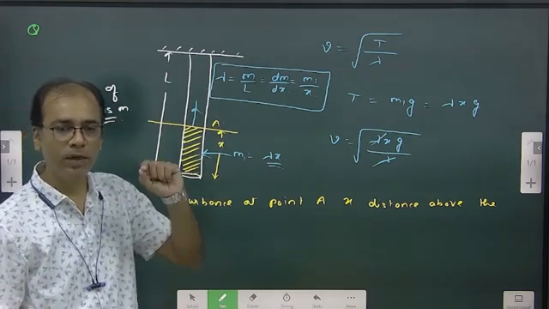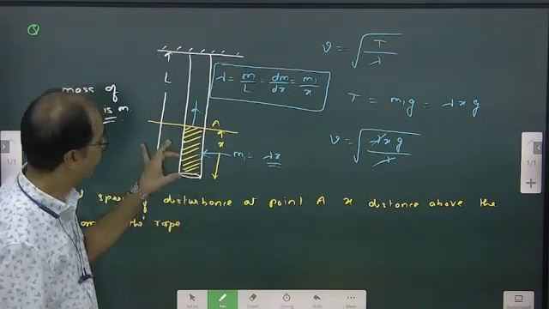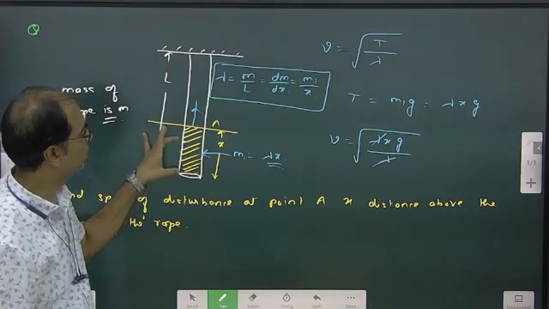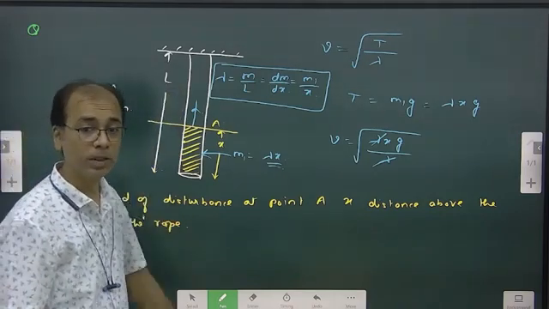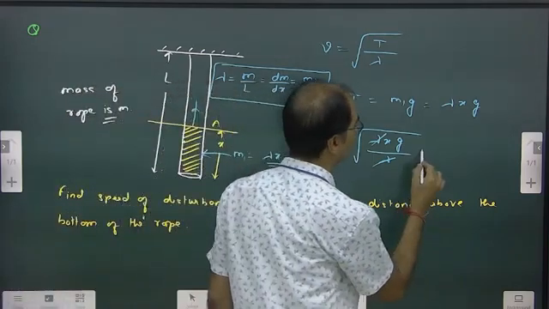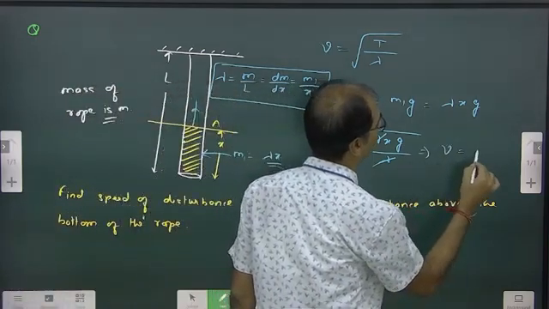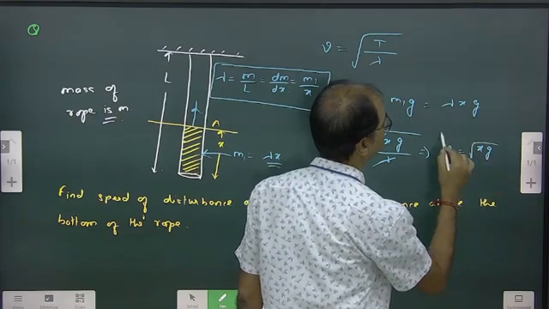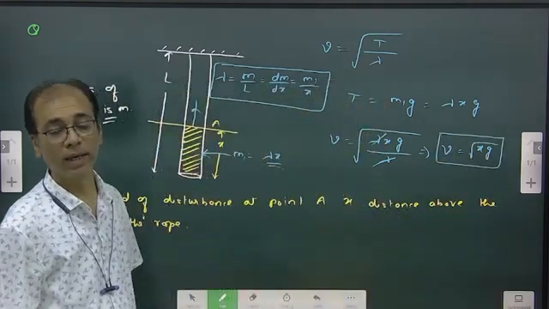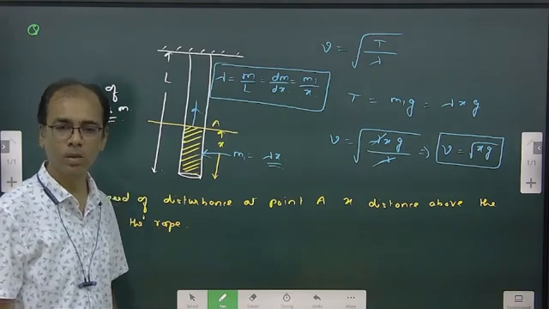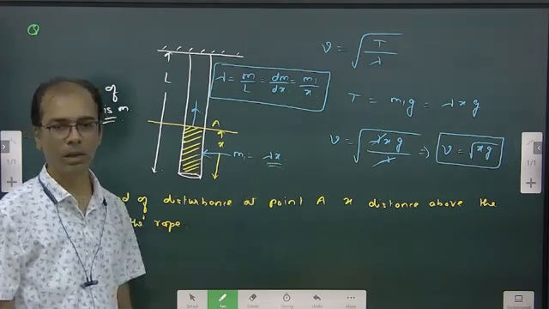That means at every position, wherever you go, x is something else. So speed is variable, and answer is root xg. Root xg. Note that.